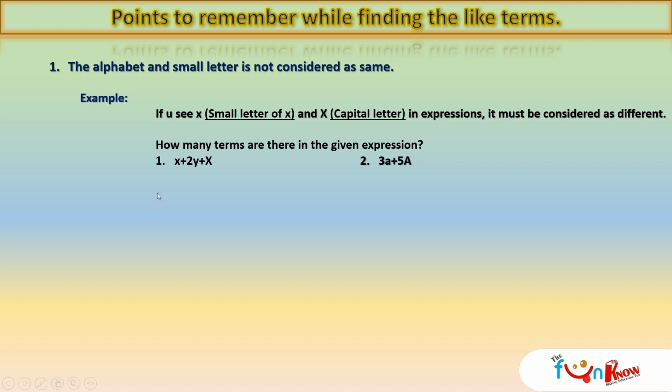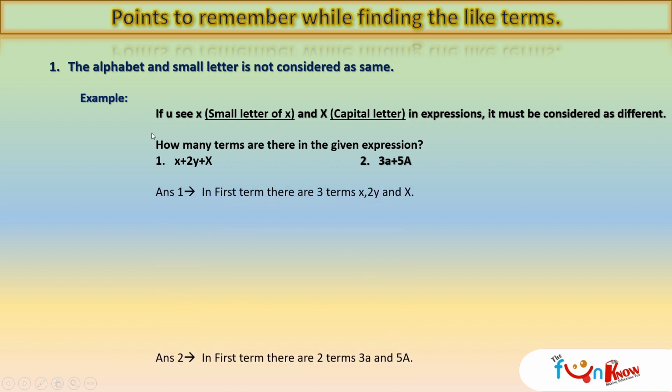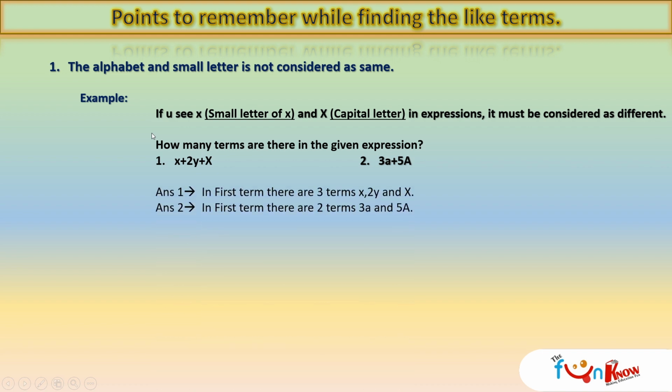Yes. Small x is one term. 2y is another term. Because they have already told you small x and capital X are different, capital X will be another term. So as for me, 1, 2 and 3. There are 3 terms in this expression. Let us see the answer. Yes, there are 3 terms, which are x, 2y and capital X.